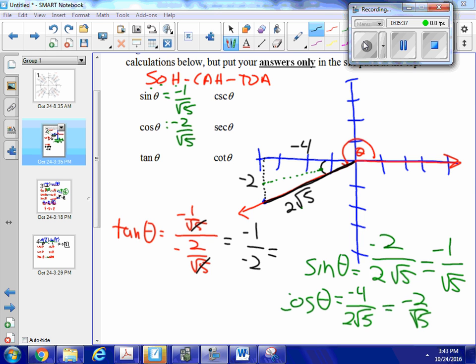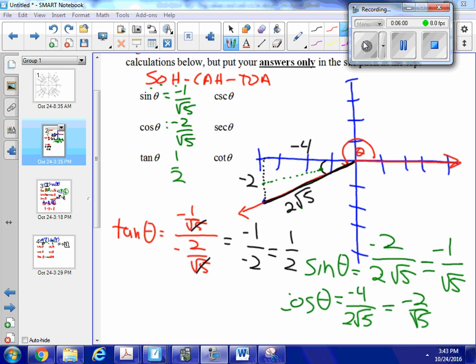Negative divided by negative is a positive. What am I talking about? Negative 1 over negative 2. It's 1/2. Positive 1/2. And now I can find my reciprocals pretty easily just by flipping these over.